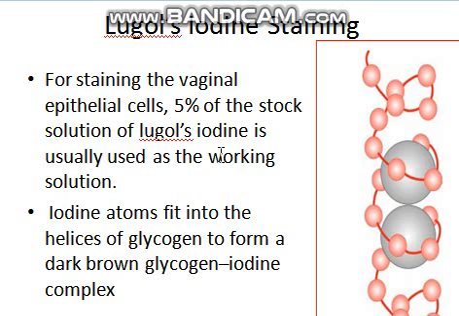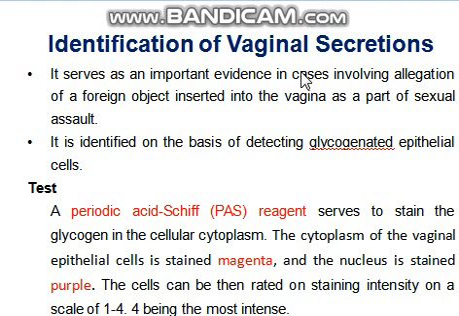Apart from this, you can use a number of other staining methods. One of them is the periodic acid Schiff reagent test. This reagent can also be used to stain the glycogen.